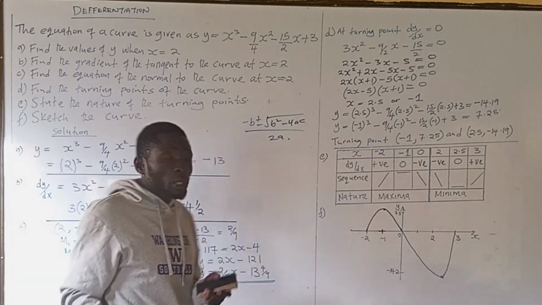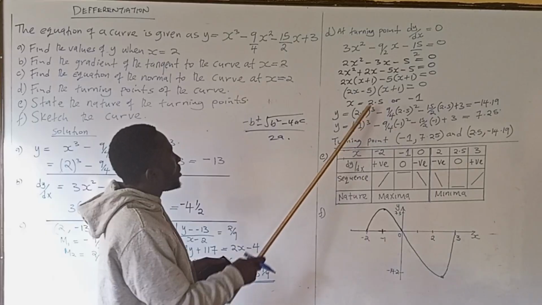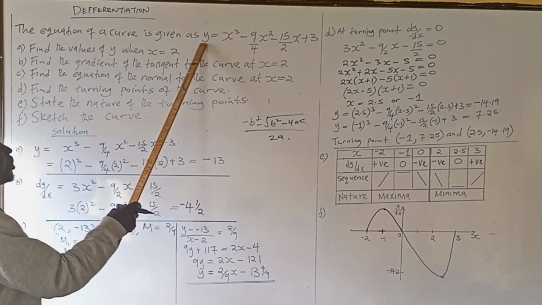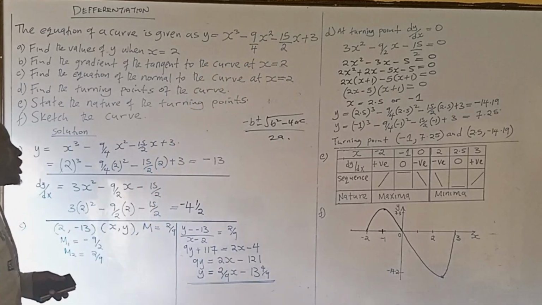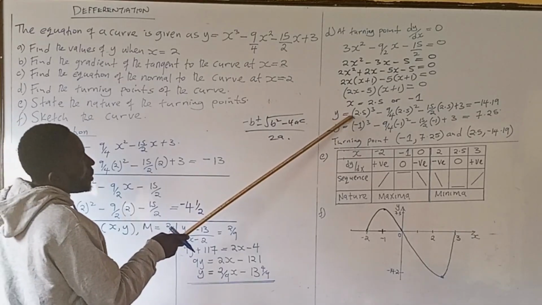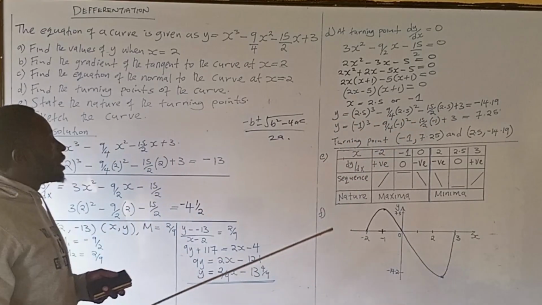When you replace, you will end up with x is equal to negative 2.5 or 1. So you ask yourself, what about y? When x is 2.5, you go to the equation of y. The equation of y is the original equation, so you replace with the 2.5. You use brackets, and you will get negative 14.19.